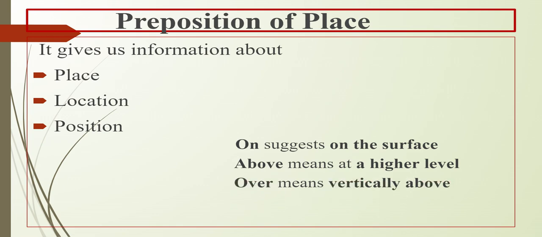Over means vertically above, touching or covering something. That is, we use over there. Below means lower level. Above is little higher position. Over, something touching or covering something. Over your head. Under, below something. And below is used in a lower position.